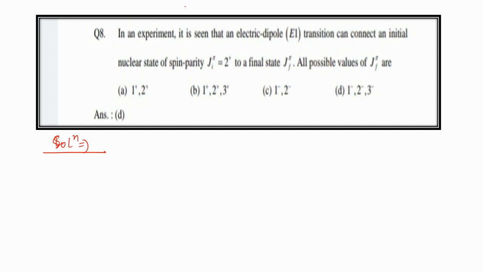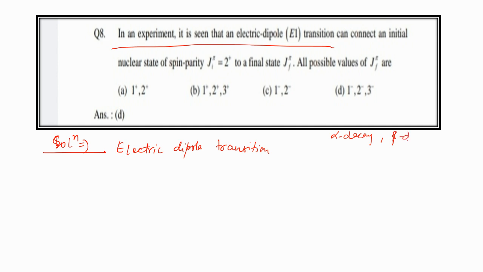In this question, if you see, an electric dipole transition is going on. You know there is alpha decay and beta decay. Suppose your nucleus undergoes alpha decay.